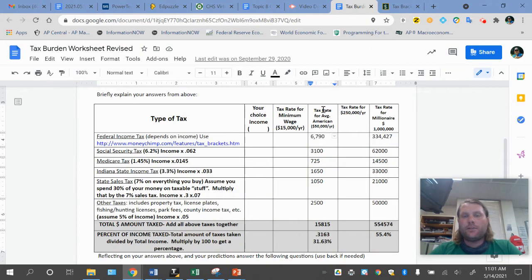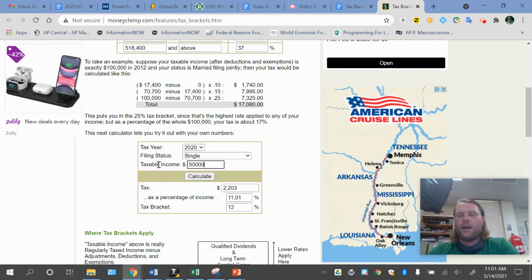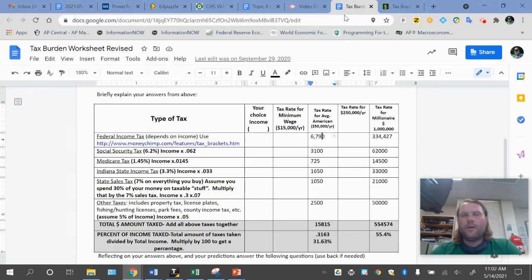What I did here is I took these amounts and plugged them in for you. For the $50,000 a year average American, we're going to calculate that, $6,790, and I plugged those in. I went through it with a millionaire too. You can compare that. You're going to do it for a person that made $250,000, a minimum wage person, and then you can choose your own. If you can figure out how much money you make in a year, you can use that.